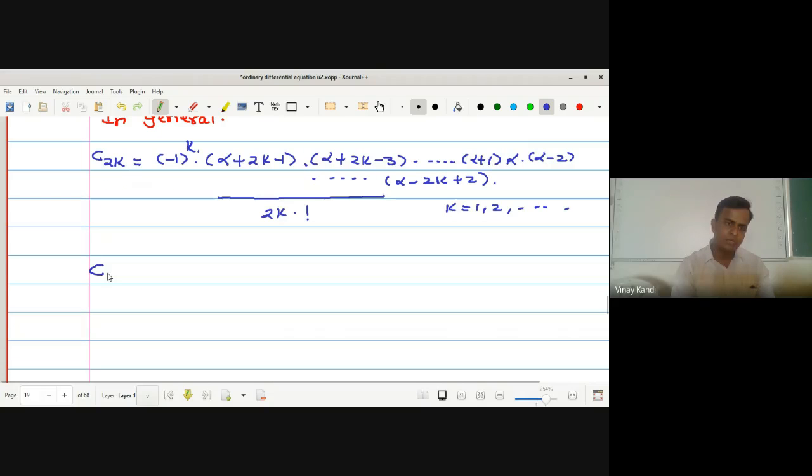Now what is the odd terms? C2k plus 1. C3 तुमचा निगेटिव्ह आहे, C5 पॉझिटिव्ह. ओके. इंटू काय म्हणतो पुढे C0, C1 येणार C0. ओके, इंटू C0. Now C2k plus 1 is equal to C3 निगेटिव्ह आहे, C5 पॉझिटिव्ह आहे, C7 पुन्हा निगेटिव्ह येते.